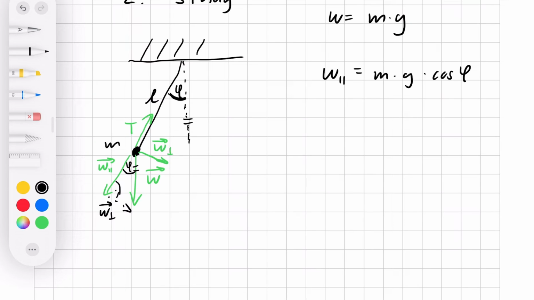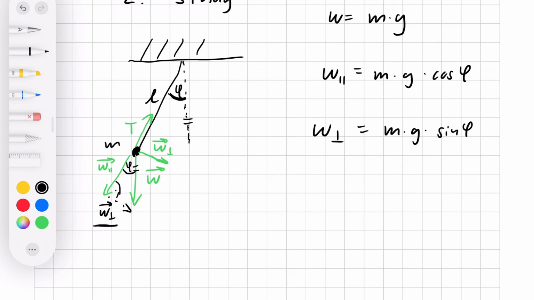So this is like a right angle triangle with phi, and from trigonometry we know that the weight force parallel is adjacent to the angle, so it will be the cosine. Therefore the weight force perpendicular is opposite to the angle phi, and therefore we will have mg sine phi.